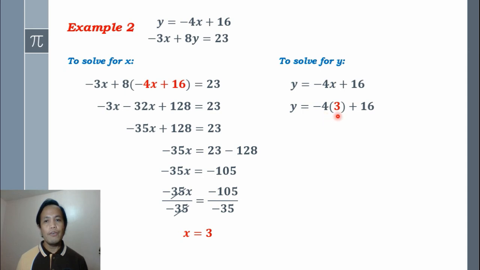We copy negative 4 times 3, then plus 16. Negative 4 times 3 is negative 12, plus 16 gives us positive 4. So our x is positive 3 and our y is positive 4 for this set of equations. These values will give us a true statement for both equations.